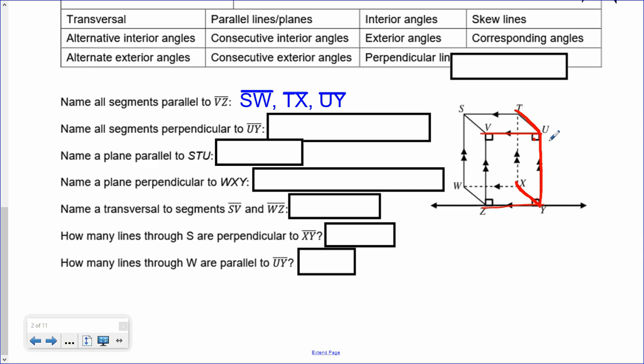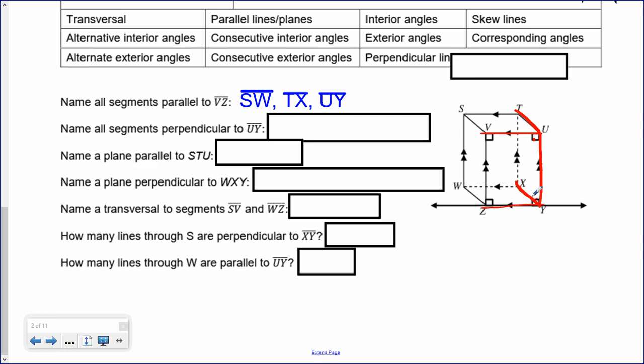Now the easiest way to understand this is if you guys have a tissue box at home or anything that's a cube or rectangular prism type shape, if you think about a corner of a cube, you have that 90-degree angle right here with this side, but you also create the corner using this side. You need both of these two sides together to create the corner at U, and these two sides to create the corner at Y. You can't have that 90-degree corner box shape unless you have both of these sides.